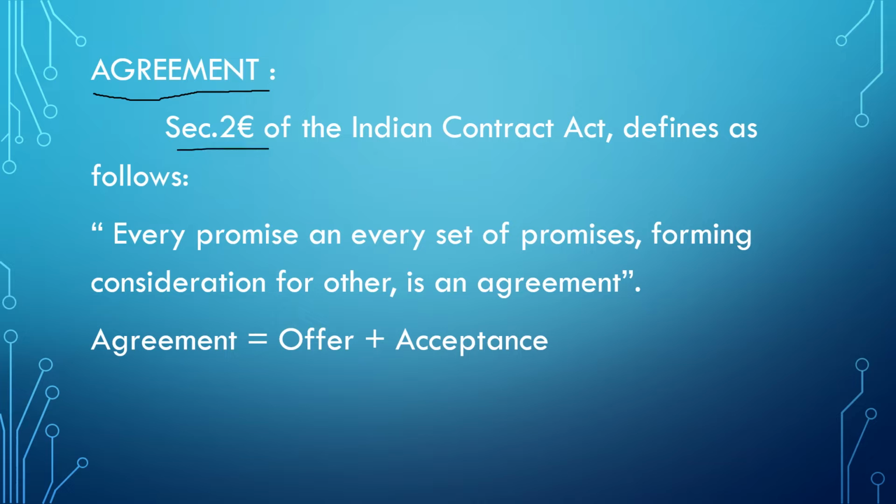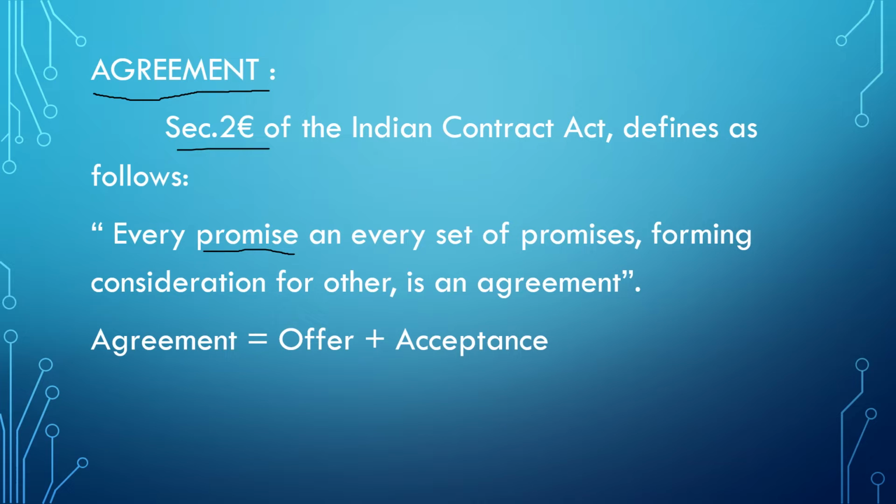Section 2(e) of the Indian Contract Act defines it as follows: every promise and every set of promises forming consideration for each other is an agreement. So an agreement means perfect promises, and for each promise there will be a counter promise.